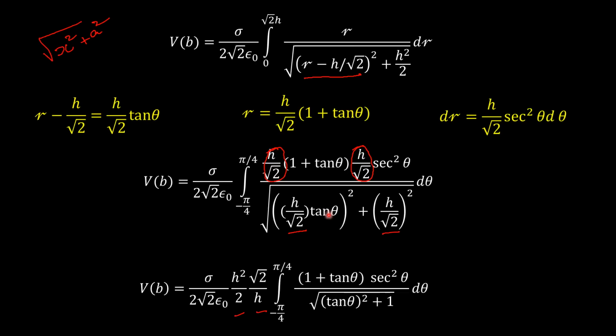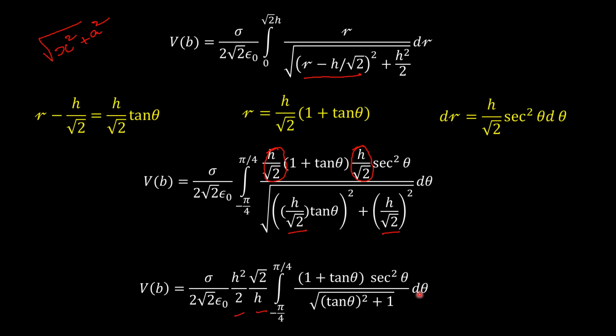In the denominator we have tan square theta plus 1, because we have taken already h divided by square root of 2 whole square. So if you take out of square root, it will simply become h divided by square root 2. That's what I have written here.